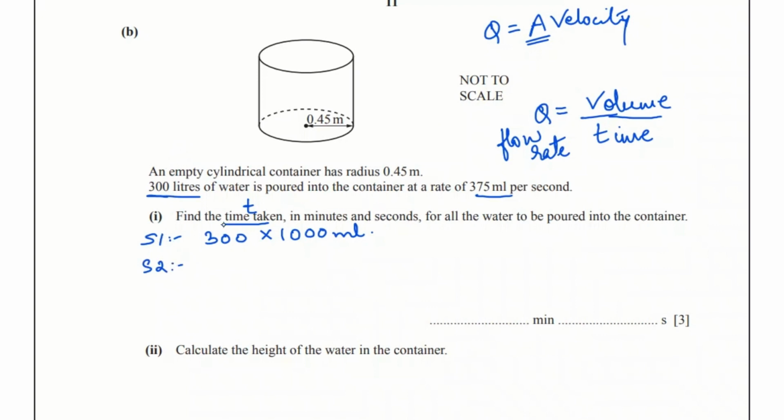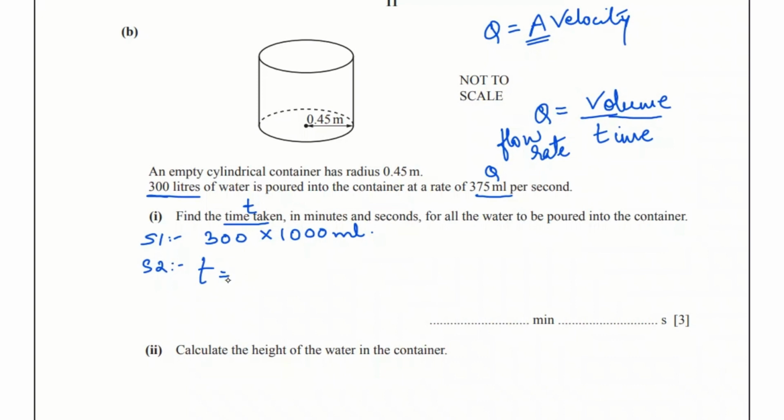So we have Q, we have volume, we have to find out T. So time is equal to volume upon rate of flow.